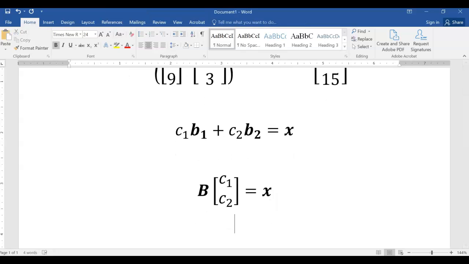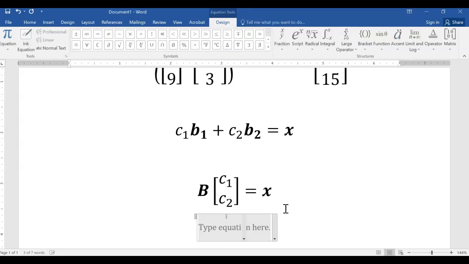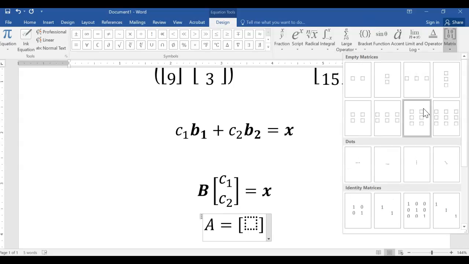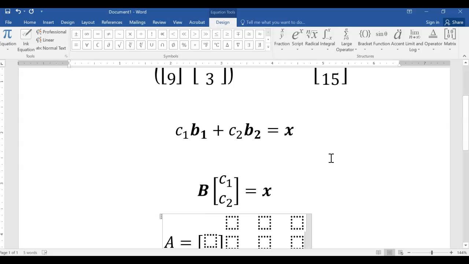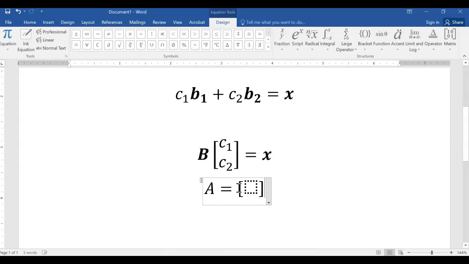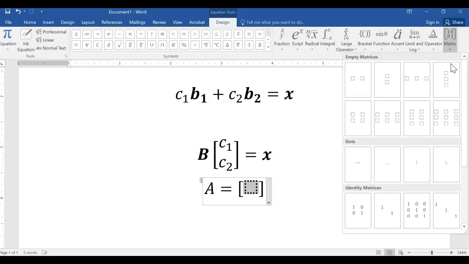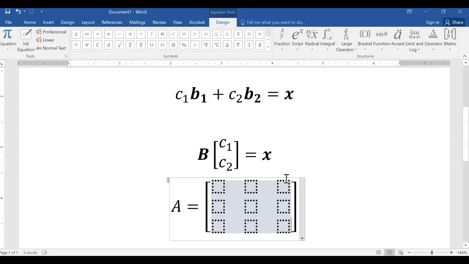All right, so let me start. We're going to create a matrix, which, well, I'm going to just go ahead and create the augmented matrix. And the augmented matrix is going to be a 3 by 3 matrix. The first two columns are going to be your basis vectors, and the last column is going to be your x vector.